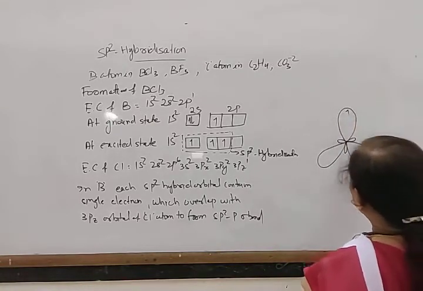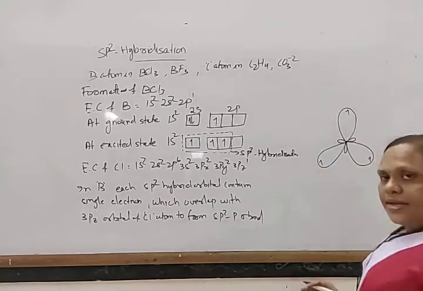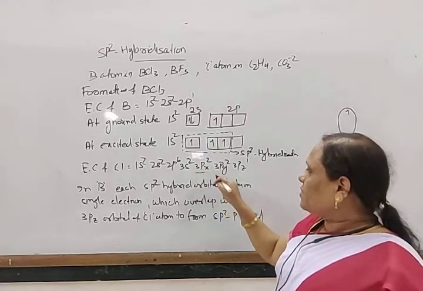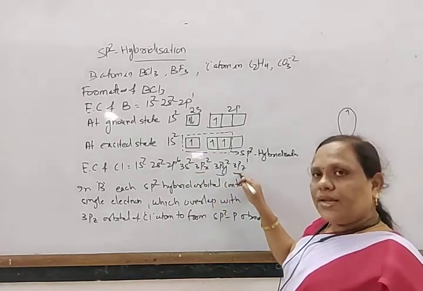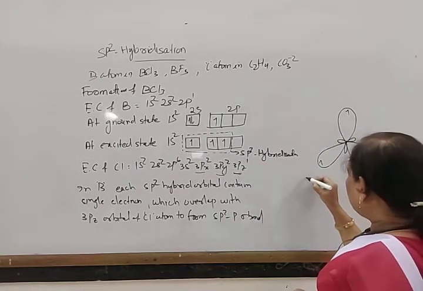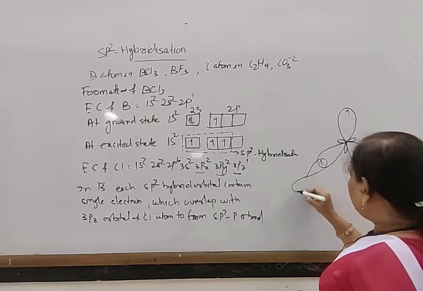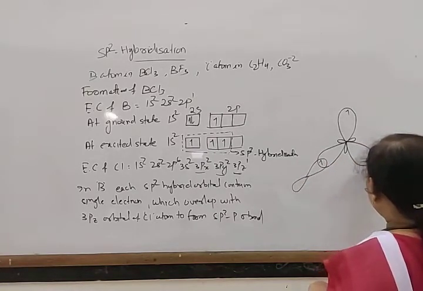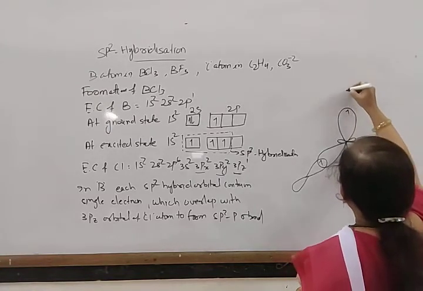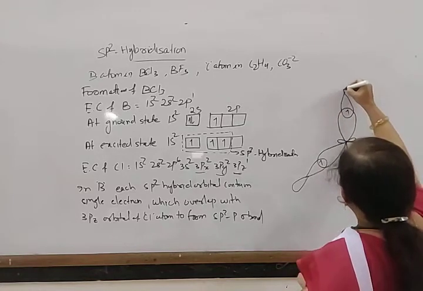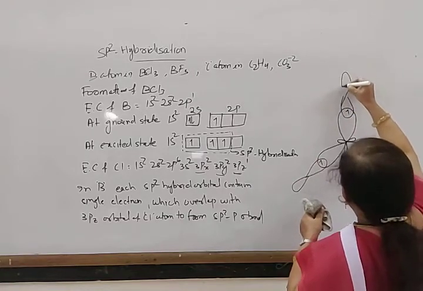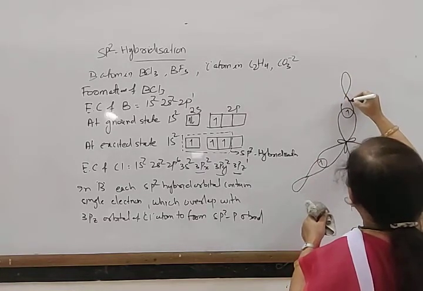Each orbital contains a single electron. Now chlorine has one filled orbital, another filled, and it contains one single electron in a p orbital. So this p orbital overlaps here, and this p orbital overlaps here, and another pz orbital also overlaps here.